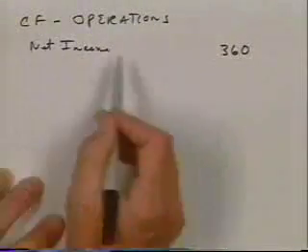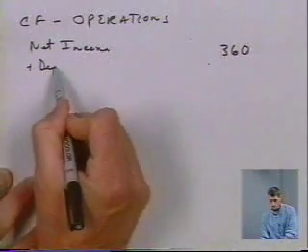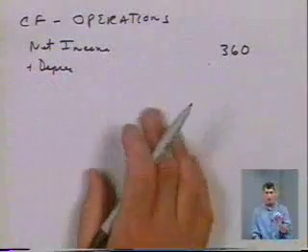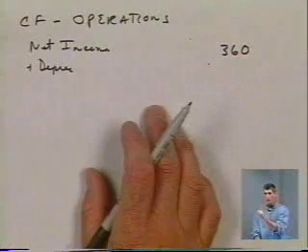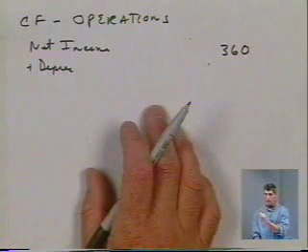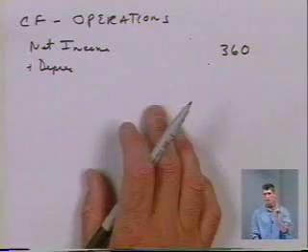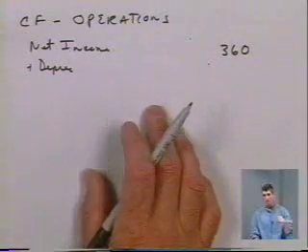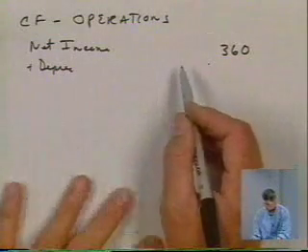So we add that back. So we start with net income, and we add back depreciation. And it's the depreciation on the income statement, not accumulated depreciation on the balance sheet. That's not what we do here. In this case, it's the depreciation that affected net income this year. And the amount was 160.